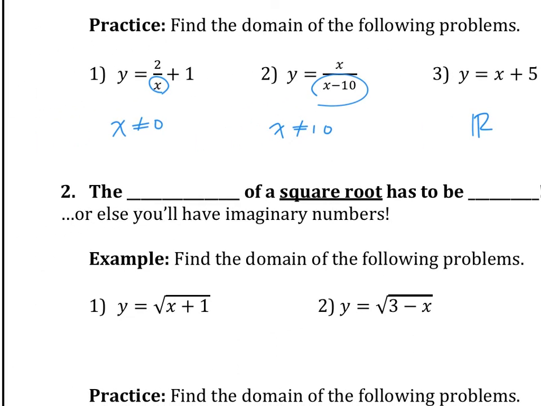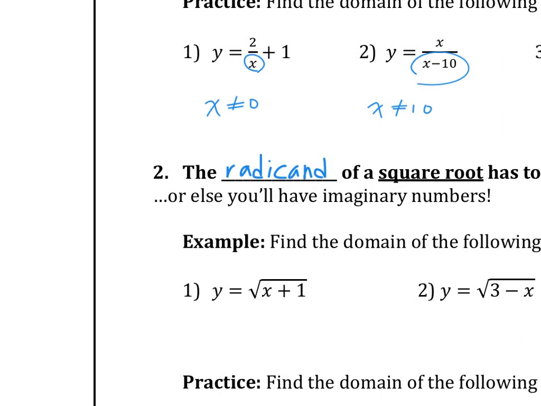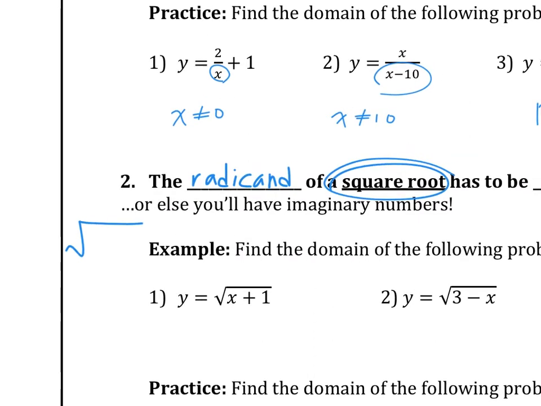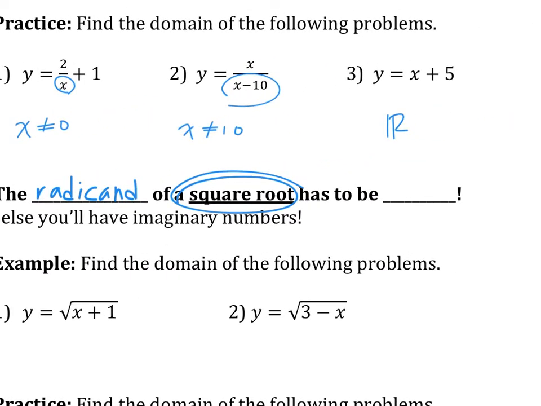The second thing, the radicand. Do you guys remember what radicand means? If you have a radical like this, it's the inside of the square root. A square root, or any even root, has to be positive, so greater than or equal to 0.